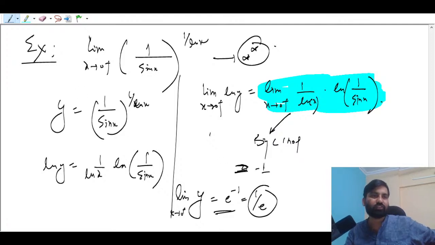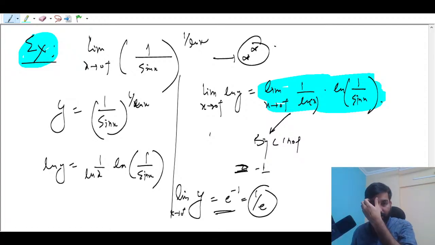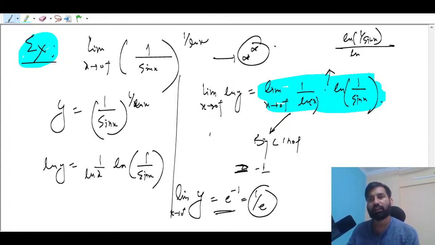This question is important, guys, they might ask it in numerical answer type. I will not tell you again and again, you do it yourself. How would you write this? ln 1 by sin x in the numerator upon ln x in the denominator. Now it is infinity by infinity form, so you can do it.